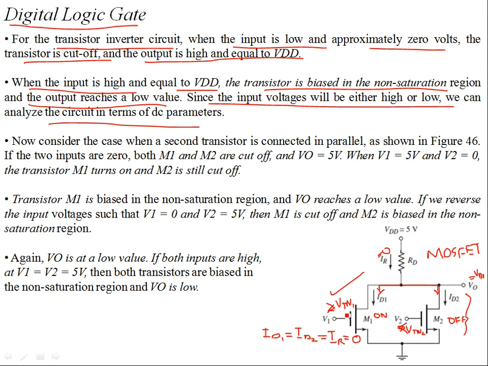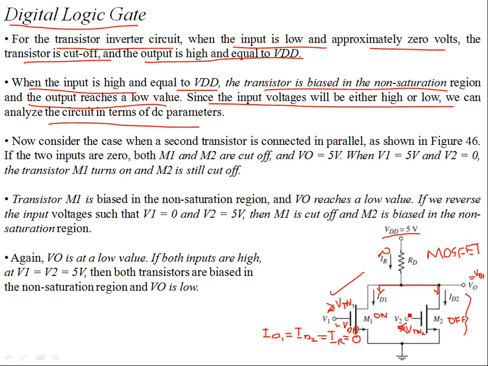This in turn lets the transistor operate in either the saturation region or the non-sat region. So if we consider the high input as VDD, either it is 0 or it is 5 volts, and V1 is greater than VTN, let's say V1 is equal to VDD, then it creates the inversion layer, so your space charge density increases.